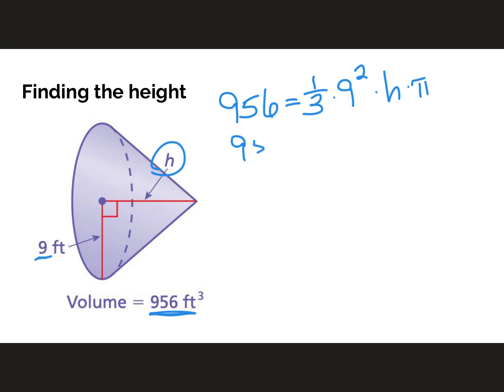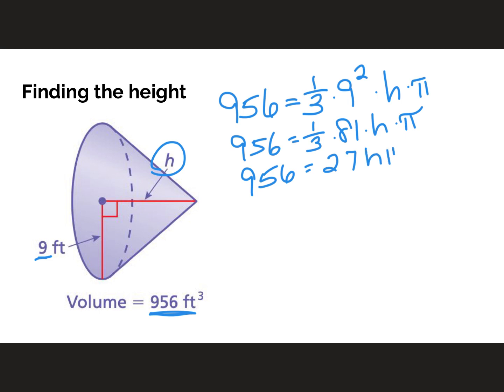So I have 956 equals 1/3 times 81 times h times pi. 1/3 of 81 is going to be 27. So I have 956 equals 27 times h times pi. And I'm going to divide both sides by 27 pi.